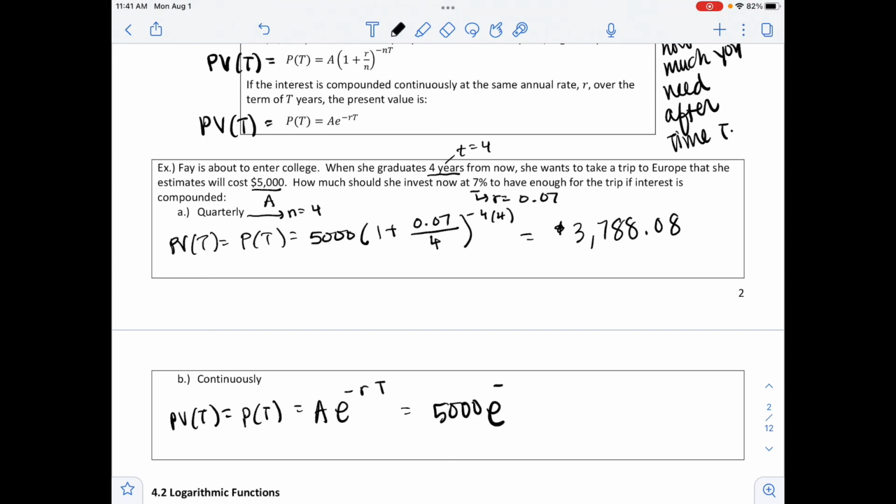E to the negative R, which is 0.07, and then T again is 4 years. Working this out on your calculator, and again rounding to 2 decimal places since we are dealing with money, is going to be $3,778.92.